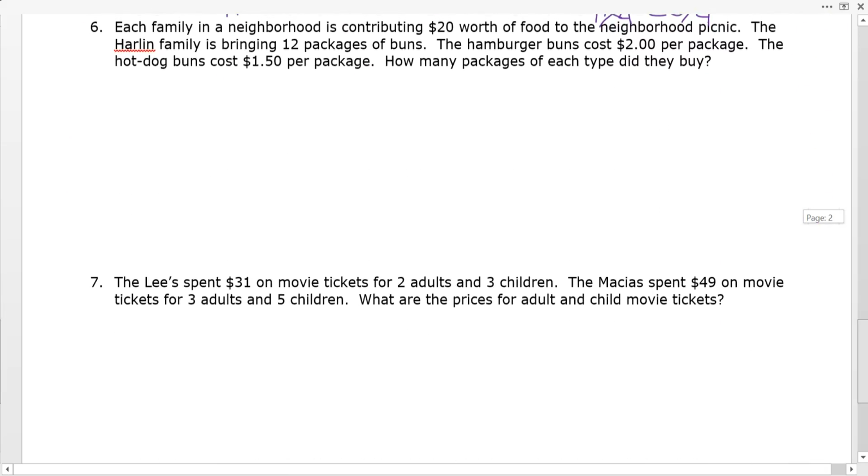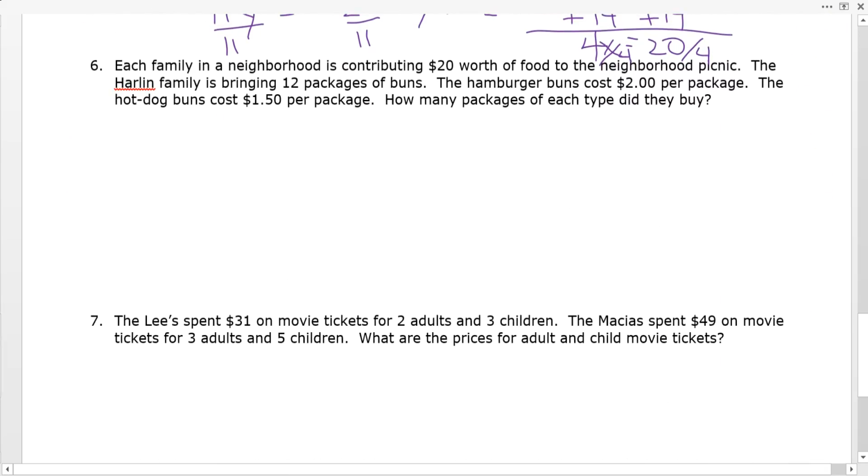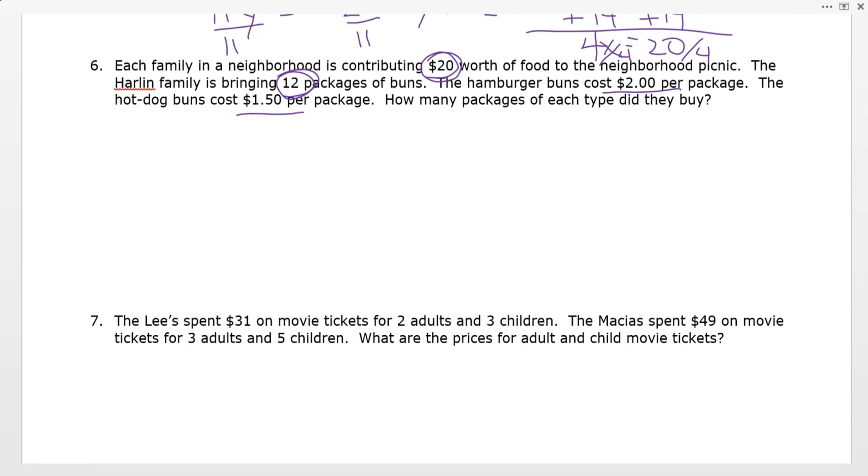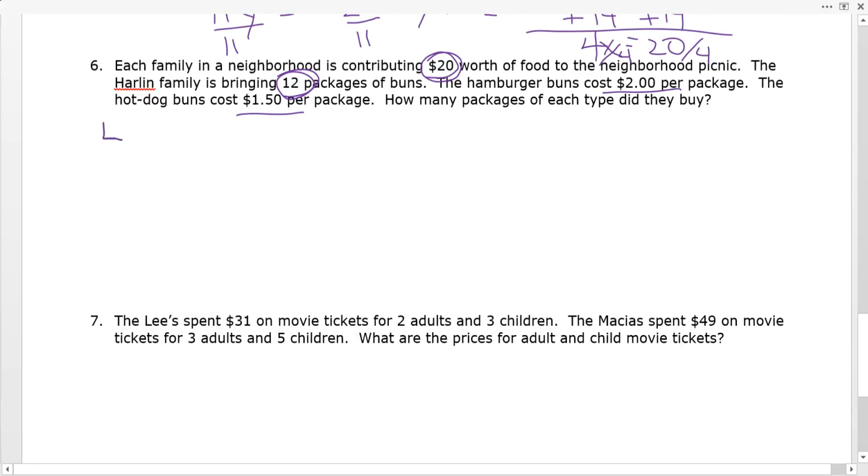We just have to write the formulas now. Okay, so we have dollars and packages. We have the cost of the hot dog buns and the hamburger buns. And we know how many packages he's bringing. So let's let B equal burger buns.